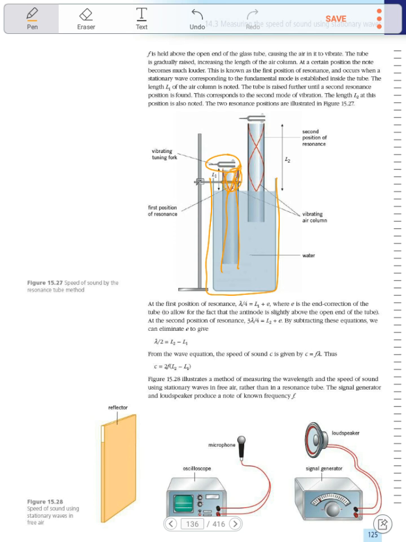At the beginning, maybe we have the first harmonic, and when you move it more and more, you will hear the sound again. Here we have a loud sound and then a faint sound, and when you hear the same loud sound again, you can recognize that you have the second harmonic. So by using this way, you can calculate the speed of sound.